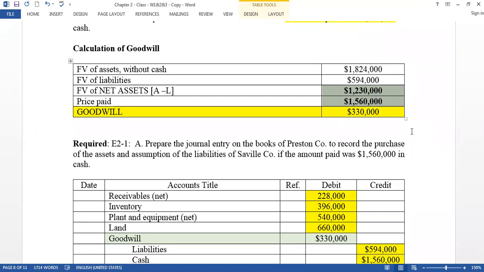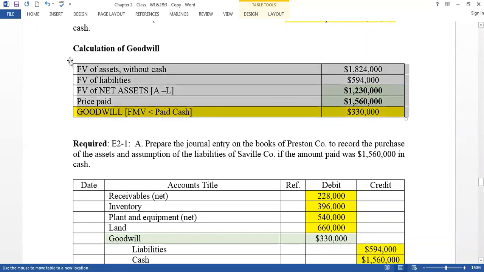If the situation is opposite, what is the meaning of opposite? That means net asset value is higher, but the cash you pay is lower. In the goodwill case, fair market value is lower and the cash we paid is higher, so we have a goodwill.